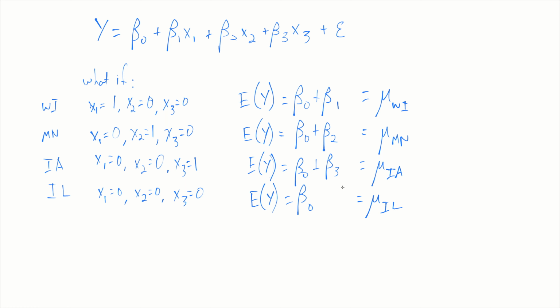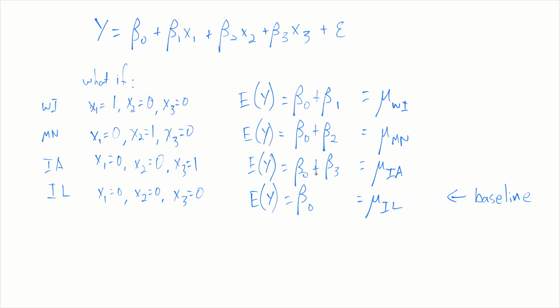So this is equivalent to a one-way ANOVA, but we've reparameterized it so that we have this baseline case, and it was arbitrarily decided that Illinois would be this, but where the intercept is the mean for Illinois. So if we estimate the intercept, so beta naught hat, that would be our estimate for Illinois, mu Illinois hat, okay?